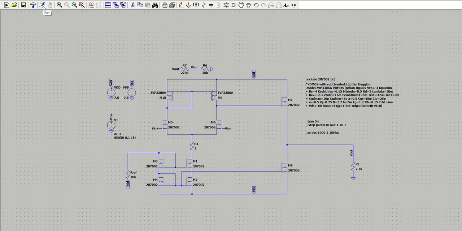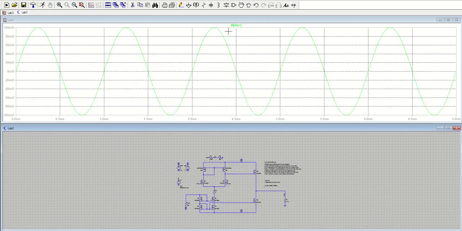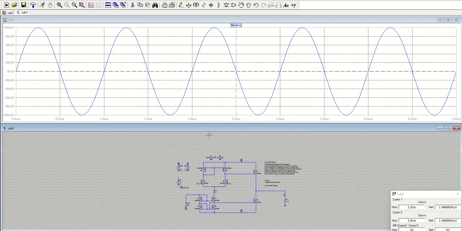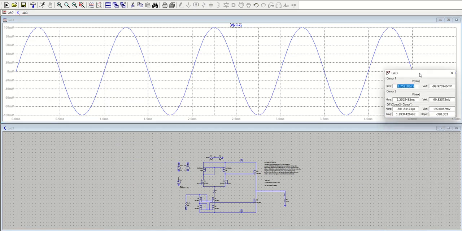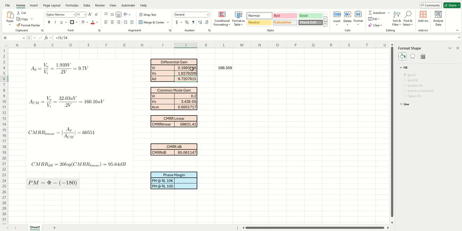The first step is to measure the input. I know my input should be 200 millivolts peak to peak, but you can see that it gets slightly attenuated. So if you want really accurate results in LTSpice, be sure to measure your input signal as well.